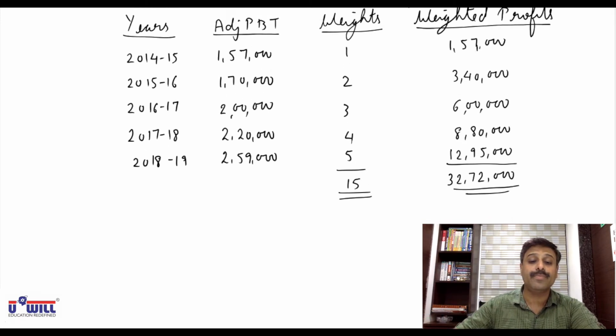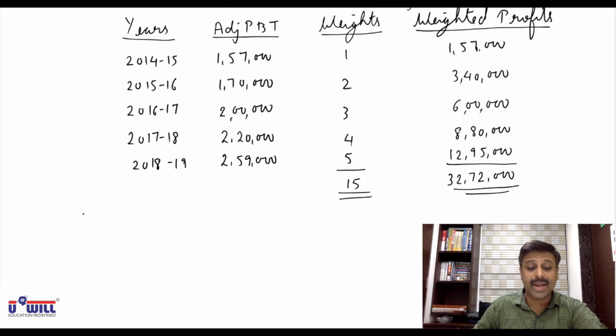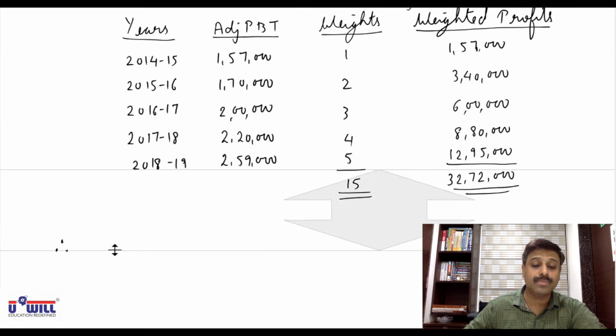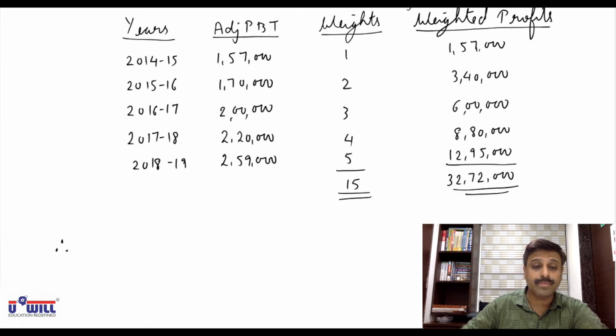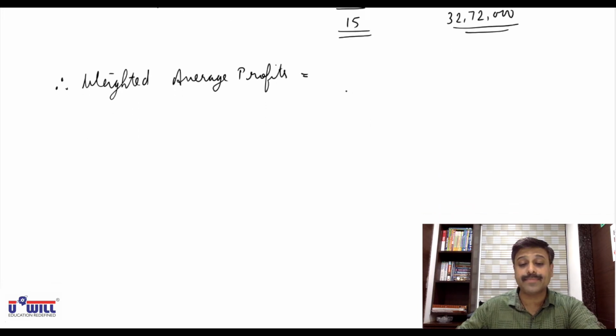So formula will be weighted average profits is equal to total weighted profits divided by total of weights.